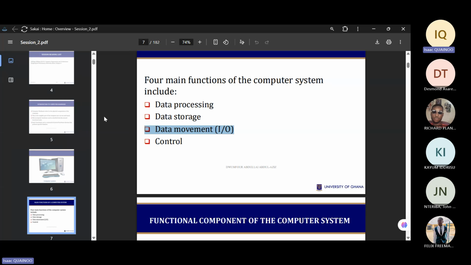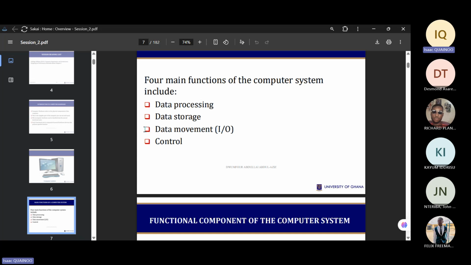So assuming you buy a computing system, any computing system at all, and then you realize that the keyboard is not working, or the mouse is not working, or the touch screen is not working, automatically the computer does not serve its purpose for which it was made, because you would not be able to feed the computer with data. And I'm sure if you cannot feed your mobile phone or your laptop or any other computing system like your calculators with data, then it becomes absolutely useless because it has no processing power.